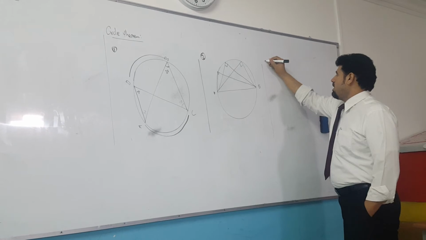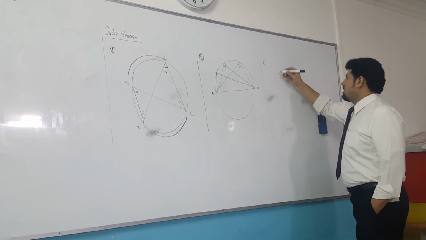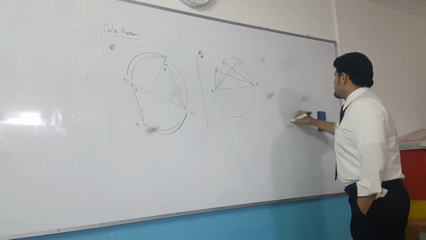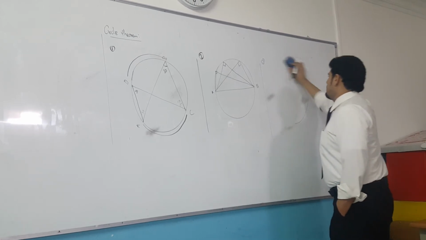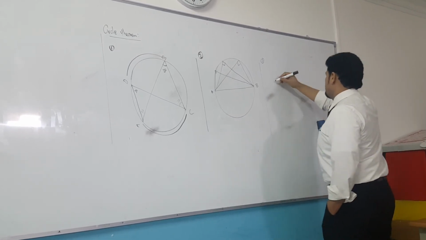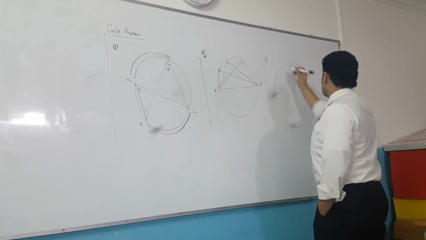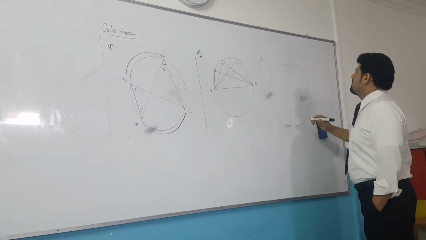Rule number 3 is, if you have a circle, this circle is not nice. Let's do another one. That's a little bit better.